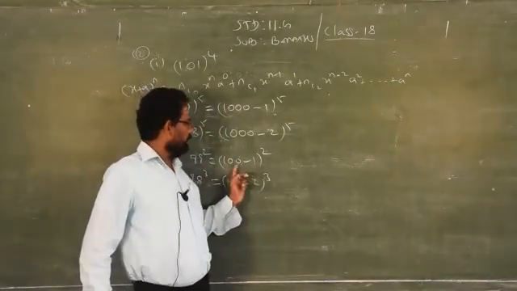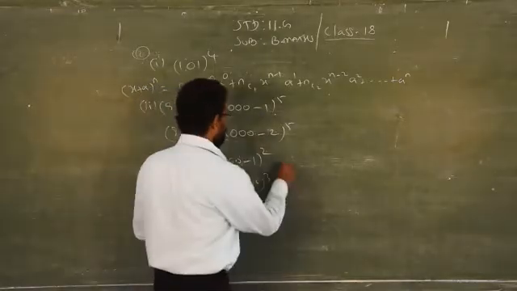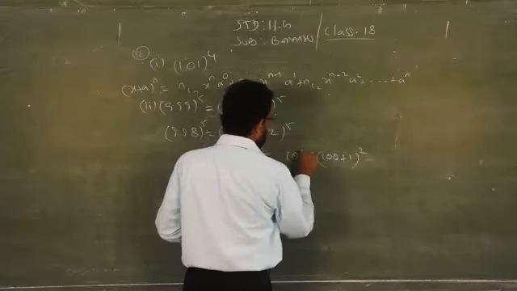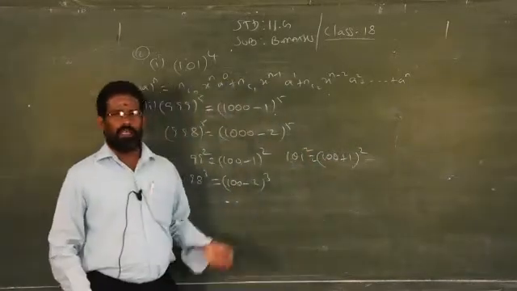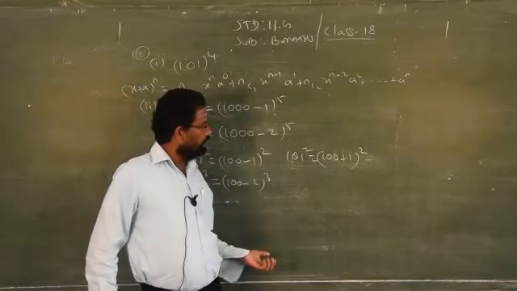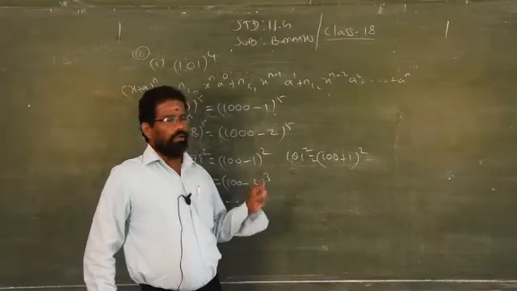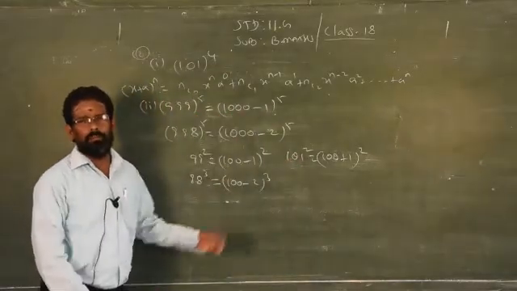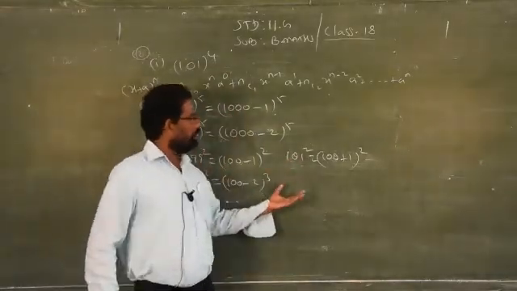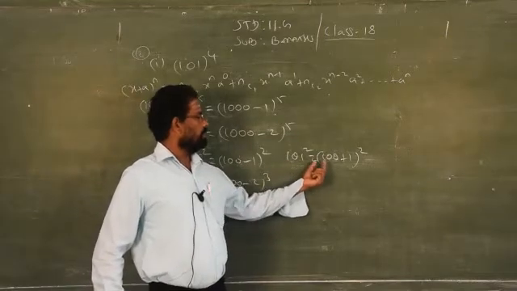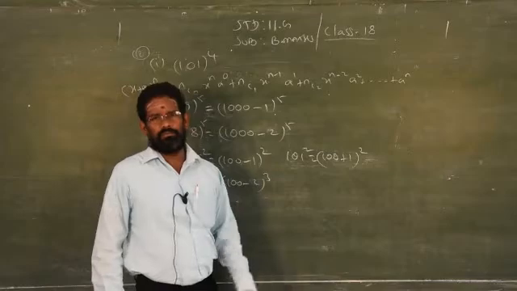Actually, the a minus b the whole square or 100 plus 1, these are all binomial identities. Yesterday I taught very clearly how they got the a plus b the whole square formula by using the binomial theorem. The same one. So this is a very simple identity. You are memorizing, that's why you are writing the relevant formula and replacing a by 100, b by 1. You will get the answer.